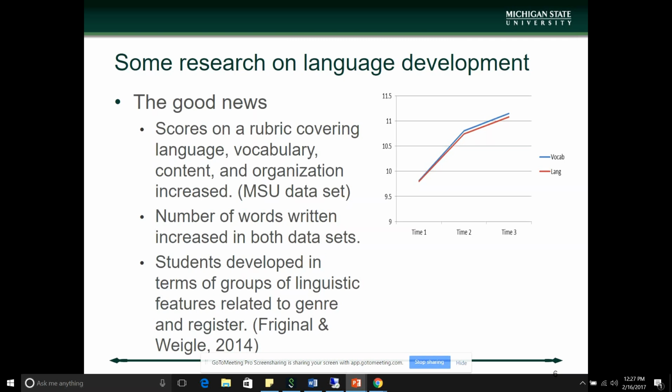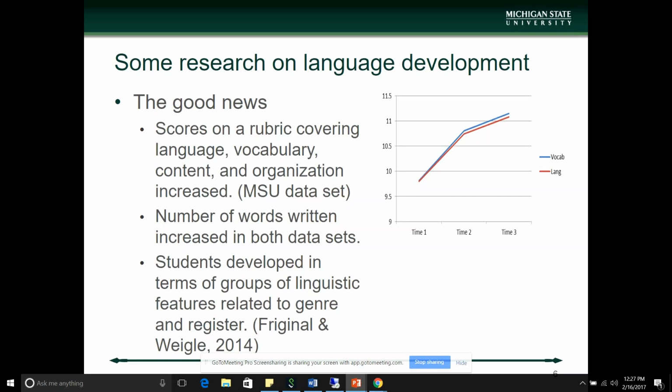Now, the only caveat here is that their essays were longer, and readers can be influenced by length, right? We didn't try to tease these things apart in this study. These were human assessments, so they could have been influenced by length.